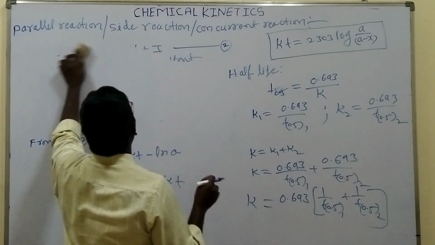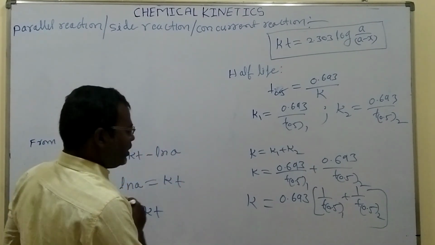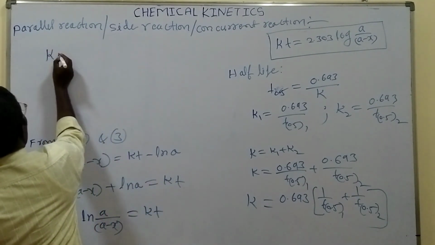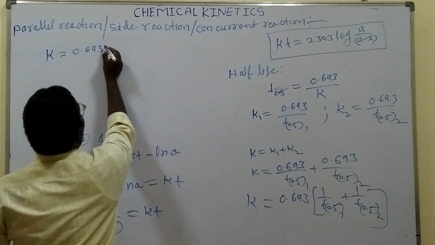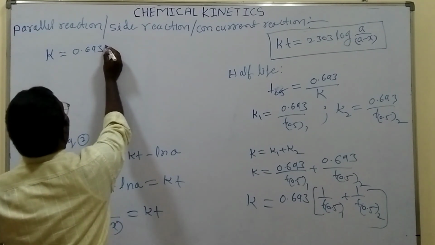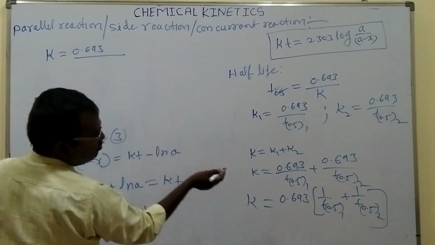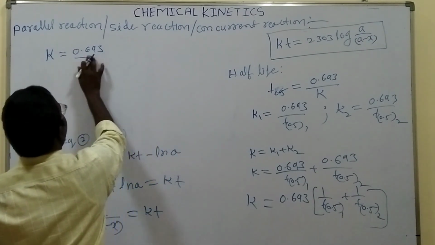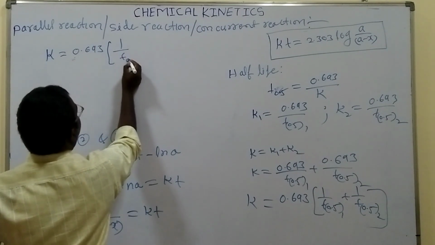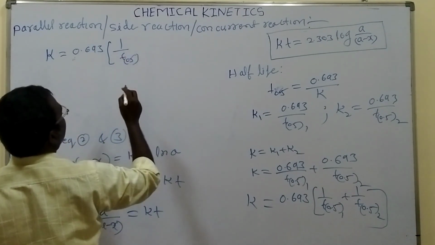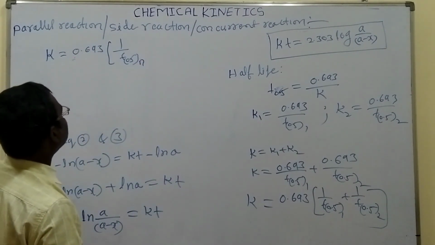If you want to simplify it further, k is equal to 0.693 into 1 by t of net.